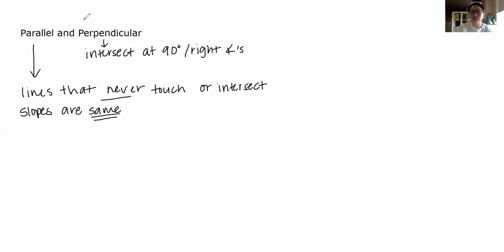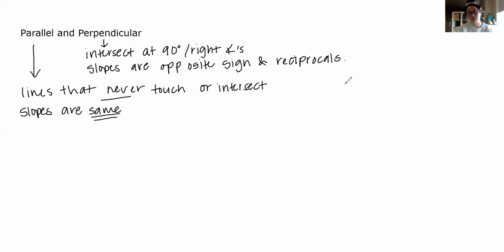When we talk about perpendicular lines in equations, we're talking about their slopes being opposite signs and reciprocals. Let's take a look at some examples, because we're probably forgetting what reciprocal means.